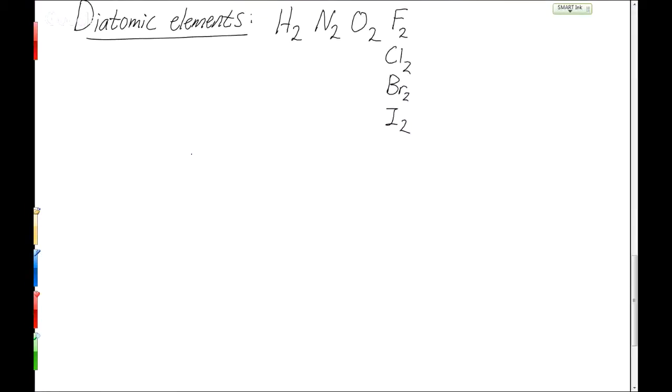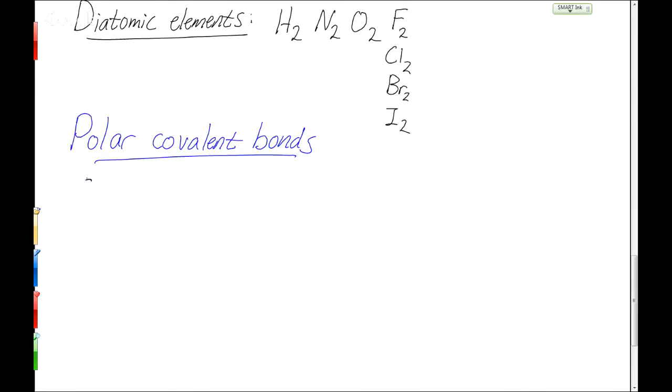So this goes under the category of something called polar covalent bonds. So let's imagine something like hydrogen and chlorine together. Hydrogen has 1 valence electron.